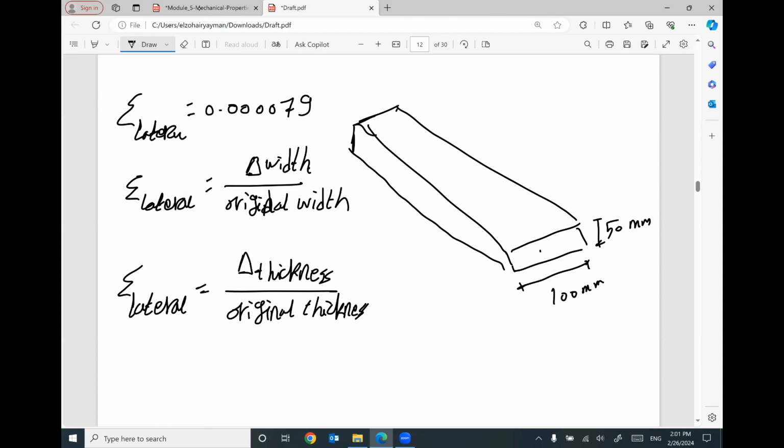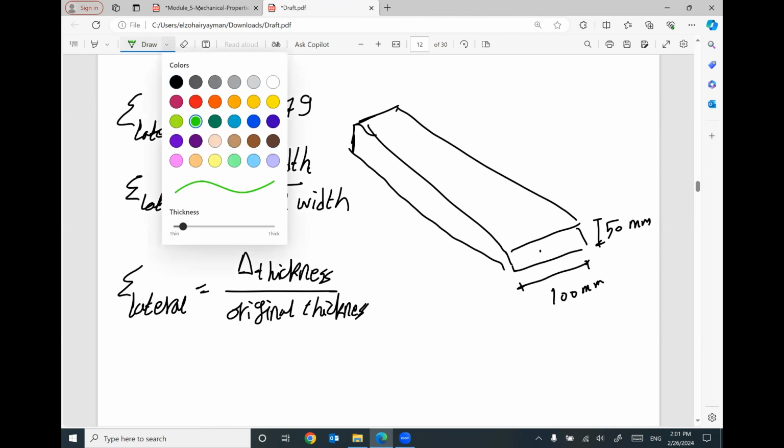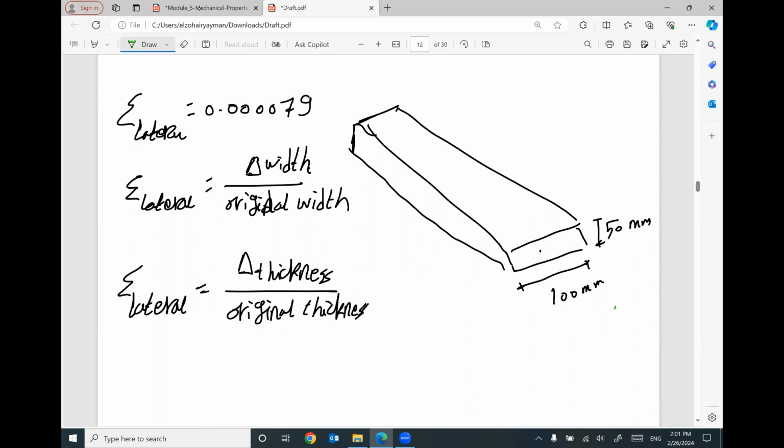That makes sense? So the lateral strain represents what is the change in this width? Change in this width divided by the original width. So this lateral strain is 0.00079. The original width was 100. So I can tell you what will be the change in the width. The change in the width will be 0.0079 millimeter.